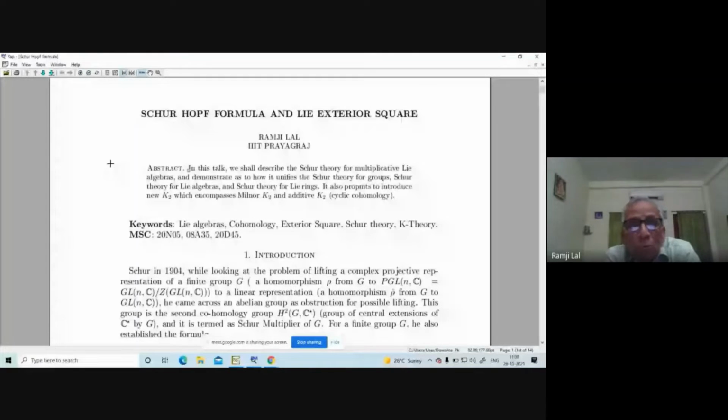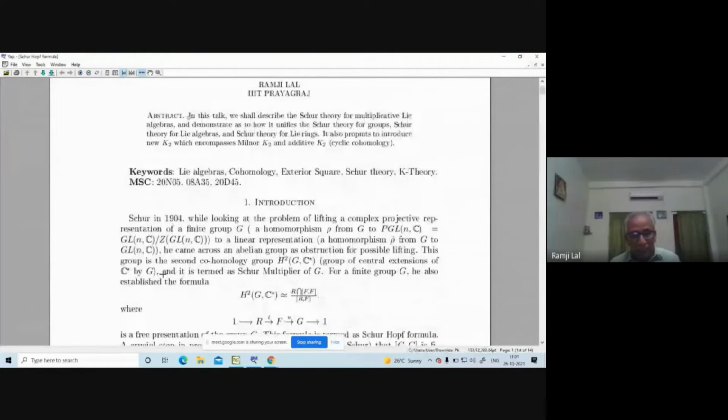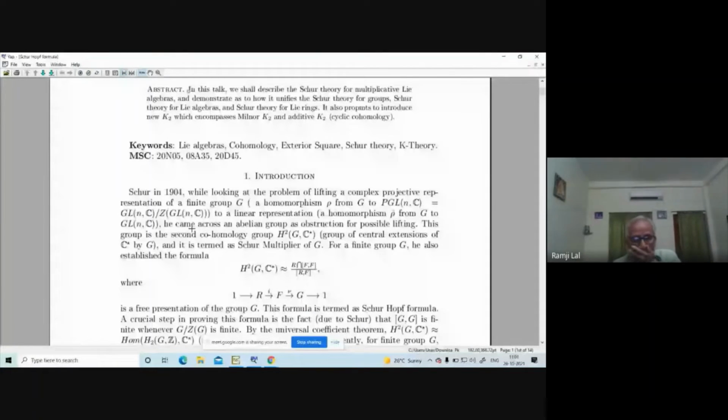It also prompts us to introduce a new K2, which encompasses the Milnor K2 and additive K2, which is really the cyclic homology. As we all know, Schur in 1904, while looking at the problem of lifting a complex projective representation of a finite group.